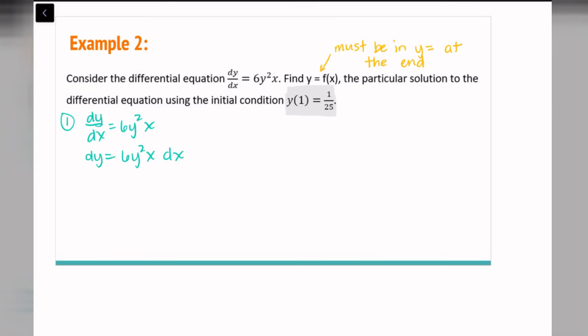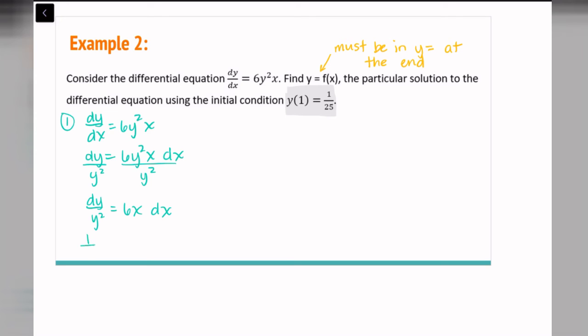So if you have a constant here, I'm going to leave that constant and just move the y squared because it's just going to make our lives a little bit easier when we go and find our antiderivatives. So I have dy over y squared equals 6x dx, okay?